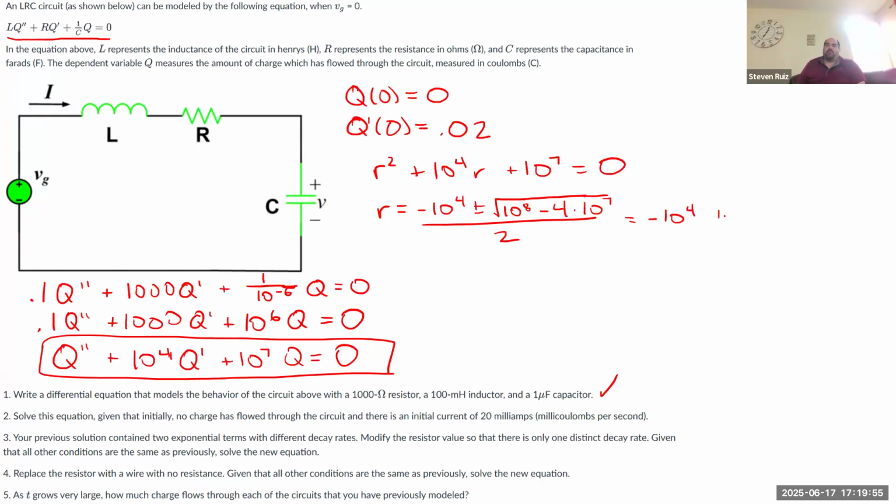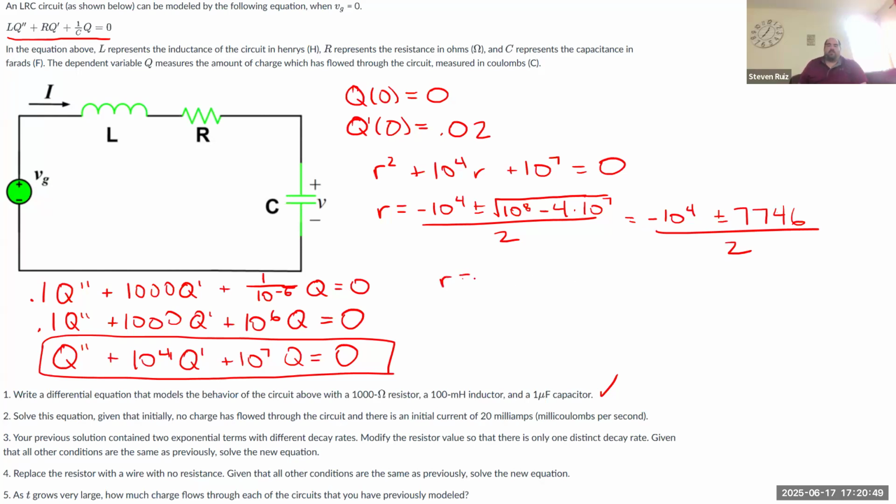While we're at it, let's approximate the square root: 10 to the 8th minus 4 times 10 to the 7th gives 60 million. The square root of 60 million, rounded to the nearest whole number, is 7,746. So negative 10 to the 4th plus or minus 7,746, all over 2.